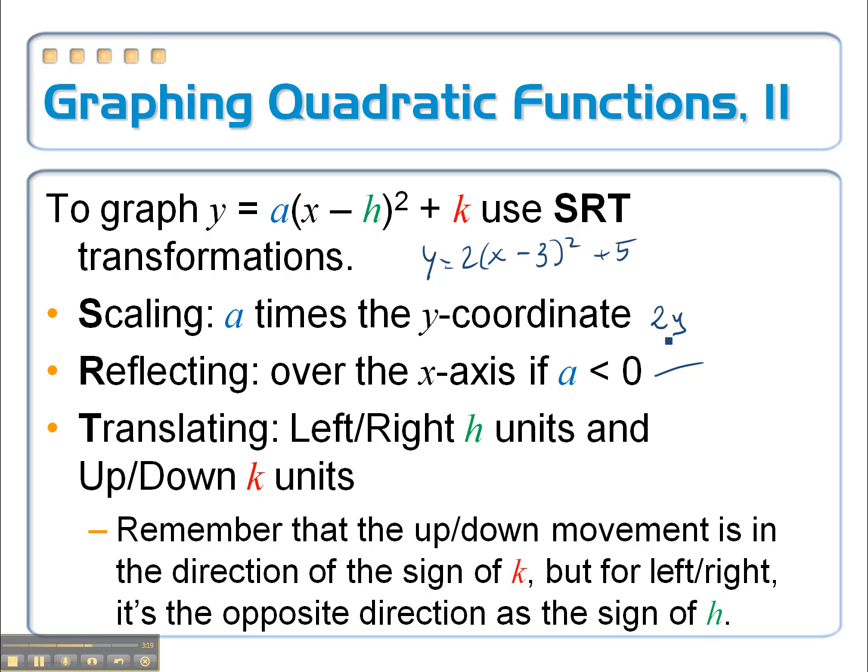Here we wouldn't do any reflecting because my a value is positive 2. And for translating, even though this says -3, this means move to the right 3, and the plus 5 means to move up 5. So you might think that this means to move to the left, but for the x coordinate it's always the opposite. For the y coordinate it goes in the direction of that sign.